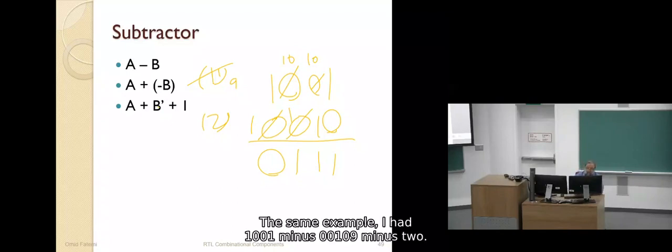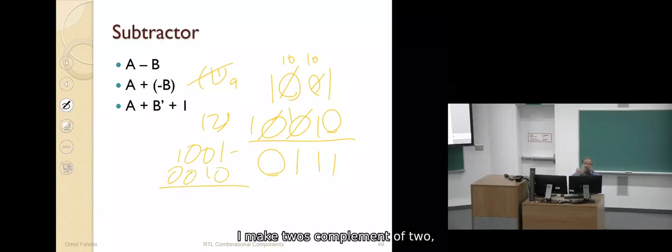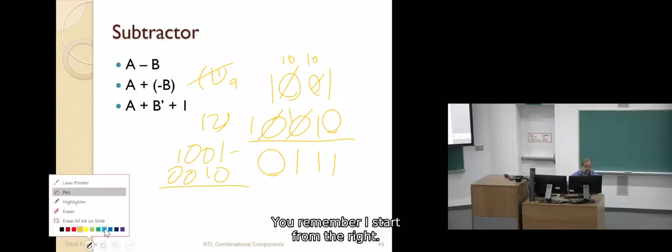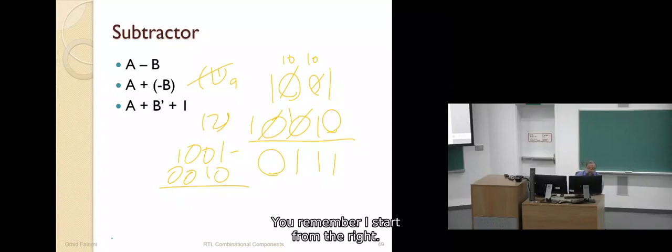The same example. I had 1, 0, 0, 1 minus 0, 0, 1, 0, 9 minus 2. So I make 2's complement of 2. For the 2's complement of 2, if we go to the fast method, I start from the right. You remember, I start from the right.